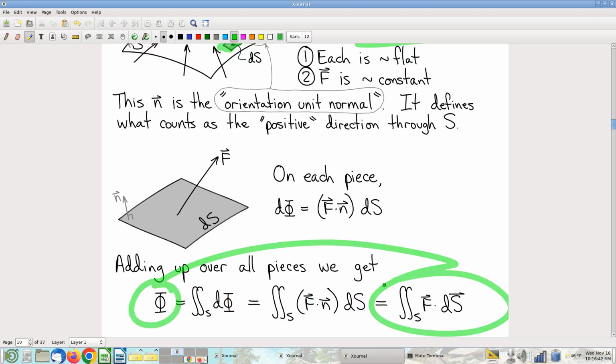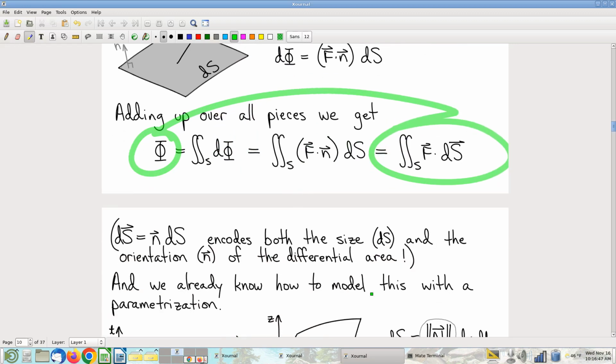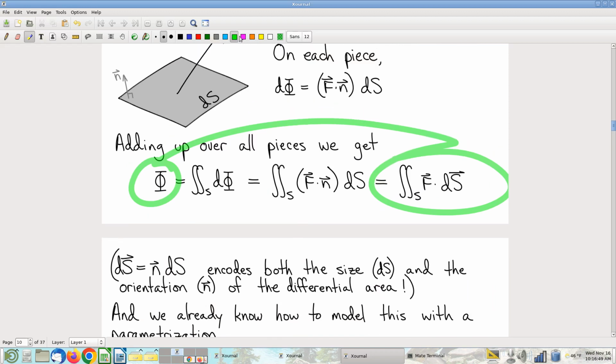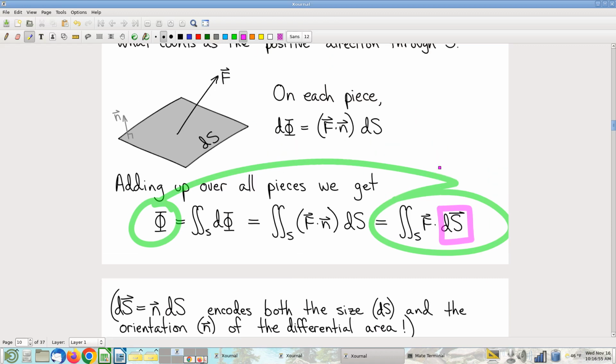And so let me remind you, this is what I'll say is my preferred notation. The idea being that we want to recognize what comes from the domain, right? This ds here tells you about the domain. It's telling you how big is that little piece of the domain and how is that little piece of the domain oriented, right? It's telling you size ds and orientation little n.